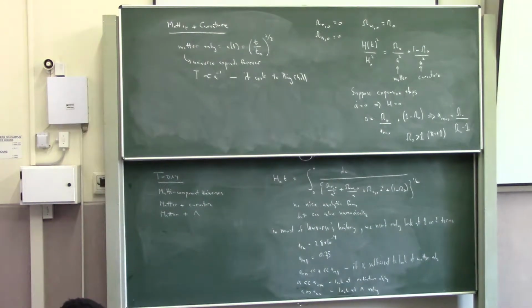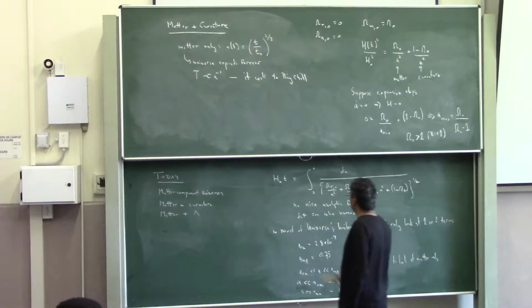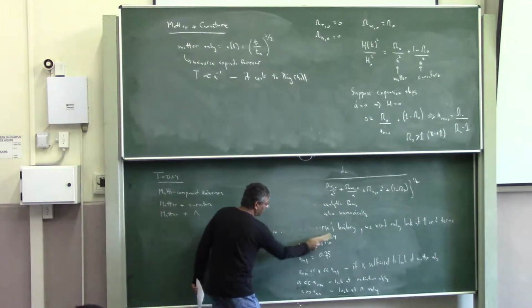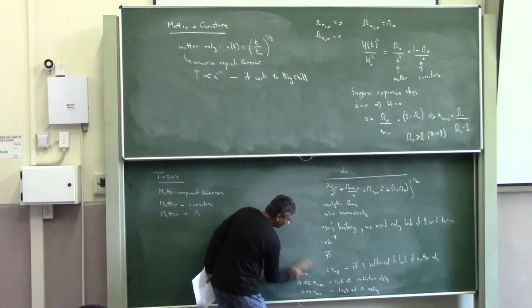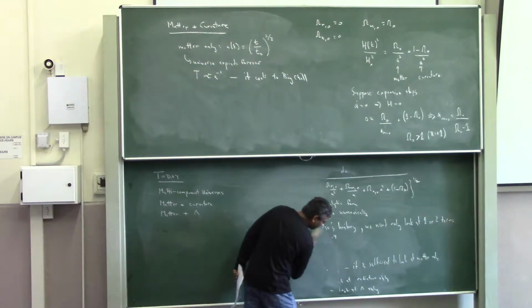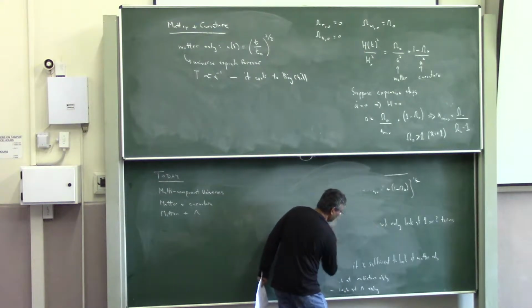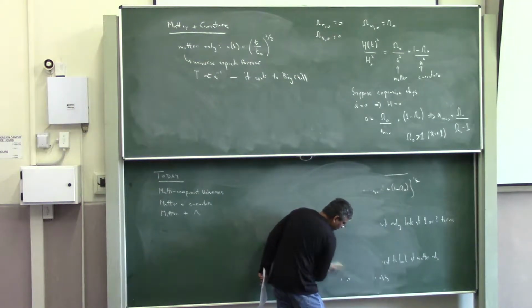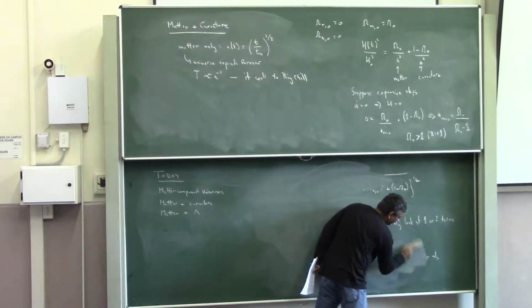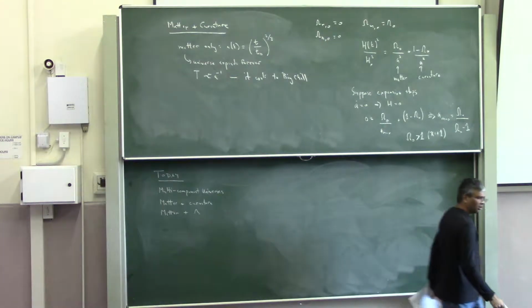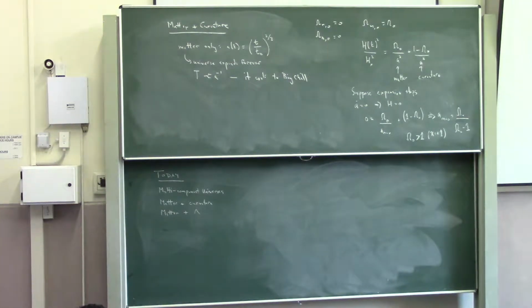In the Friedmann equation, only H squared appears. So after we get the maximum, the universe undergoes a time reversal of what it did in order to achieve the maximum. So the scale factor essentially does this.